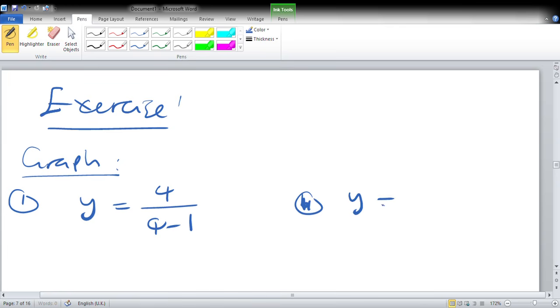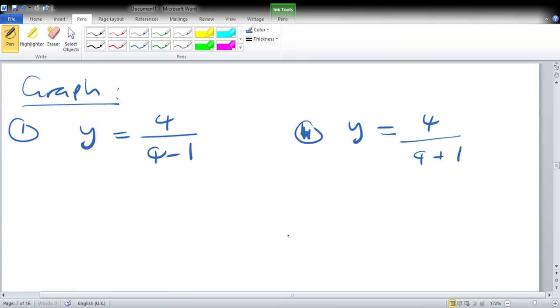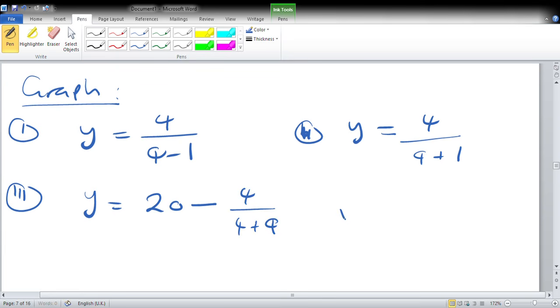And y equals to 4 over q plus 1. Kindly graph number 3, y equals to 20 minus 4 over 4 plus q. Number 4, kindly graph y equals to 2 plus 1 over q plus 1.